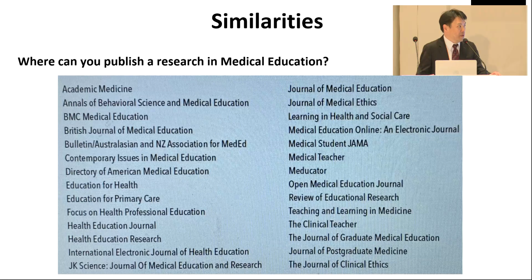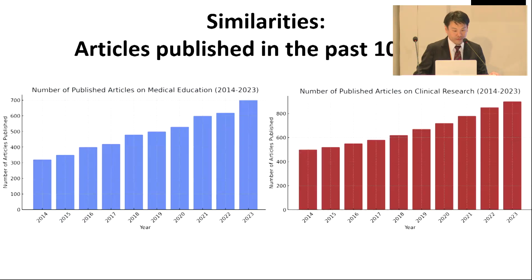First of all, there are many journals where you could submit a medical education paper. If you look up PubMed, there are so many different journals. So the similarity to clinical research is that you look up each individual journal and find that the scope fits your research topic, and then maybe it has a higher chance of being accepted.